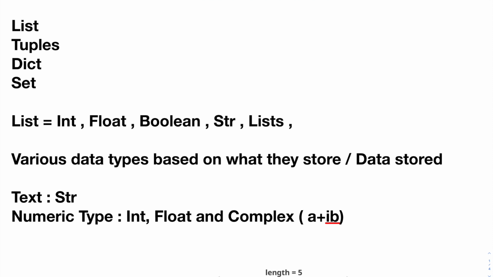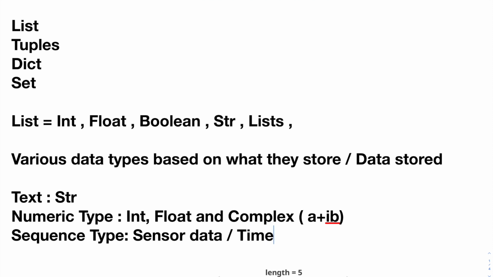Now, if we have to store sequence type data, what is sequence type data? It is like sensor data. It could be something like time series, where any system at every regular interval gives some data. For example, we can think of stock prices on the index or any of the stock prices on the exchange, which vary every minute, let's say.